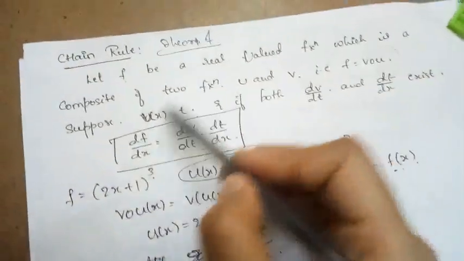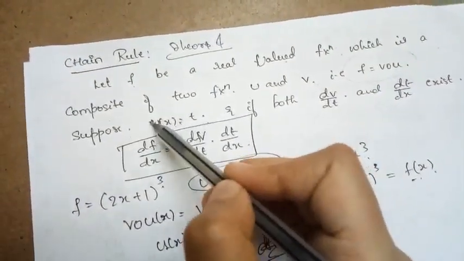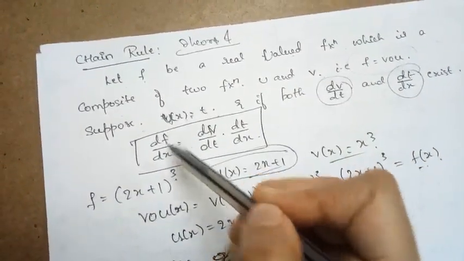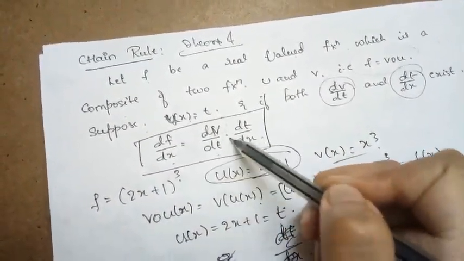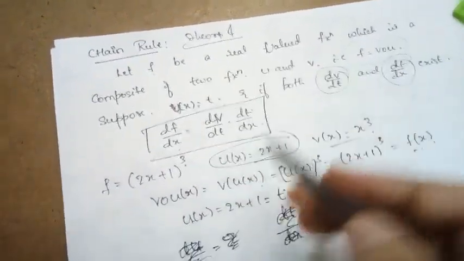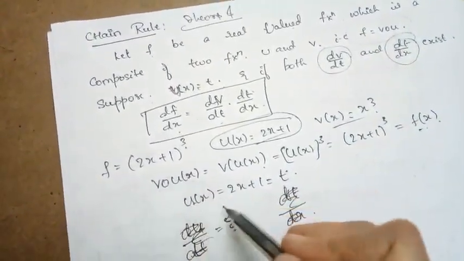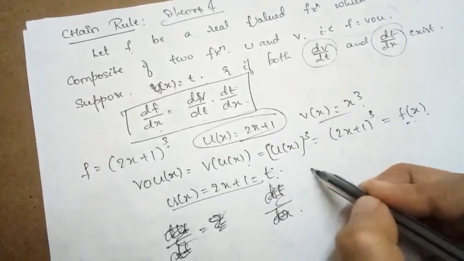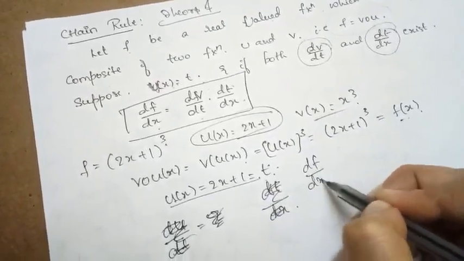Suppose I take u of x is equal to t, and if both these exist, then df by dx is equal to dv by dt dot dt by dx. That is what we did in our previous example, taking u of x as equal to t, to get df by dx.